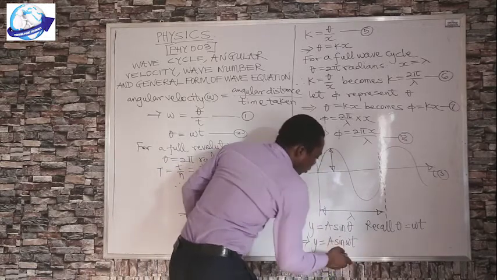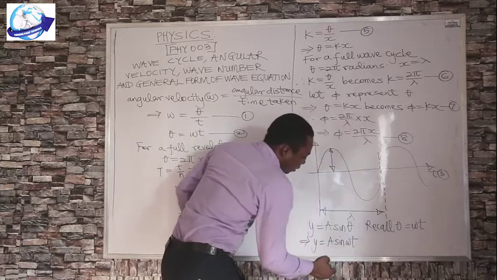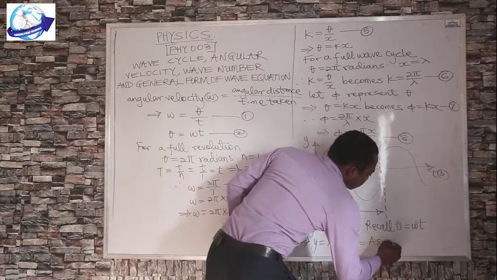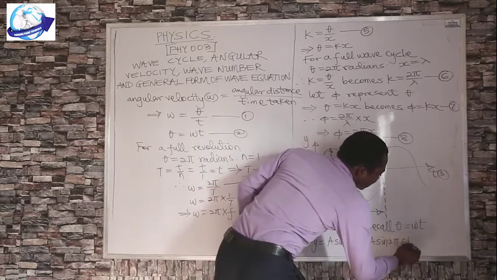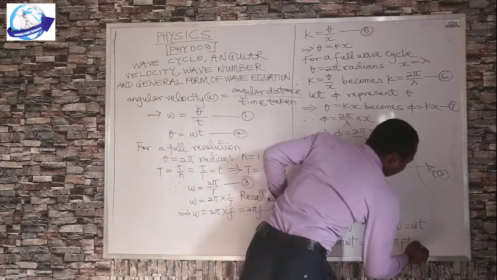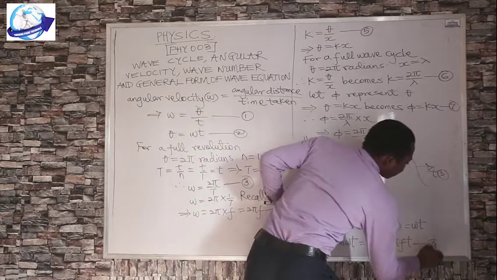We know that omega also means 2 pi f, which is the same as a sine 2 pi f t. So this becomes equation 9.